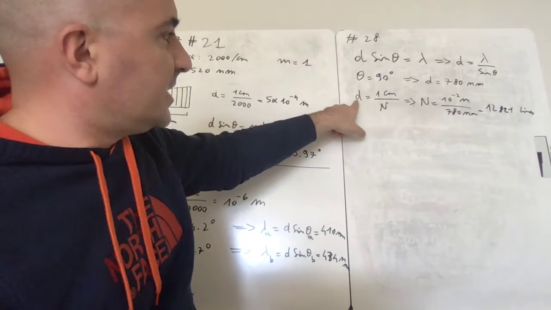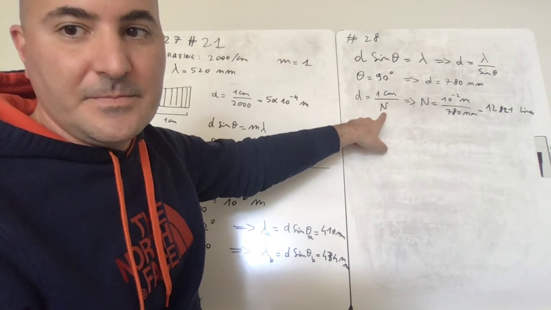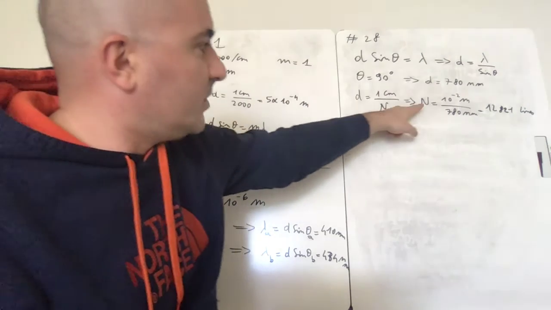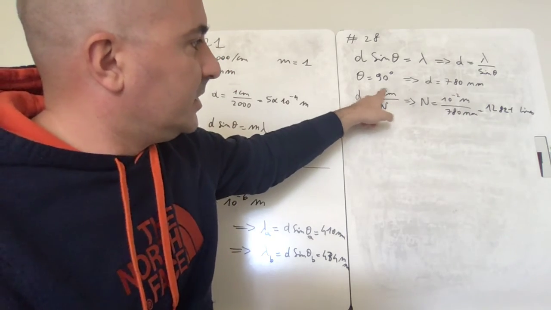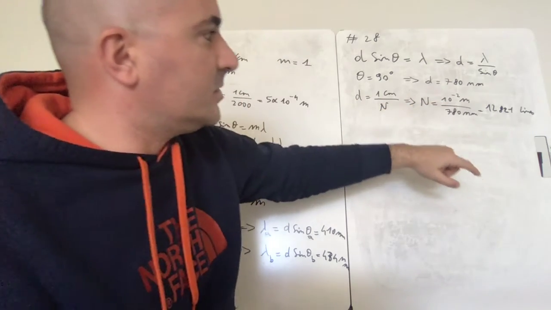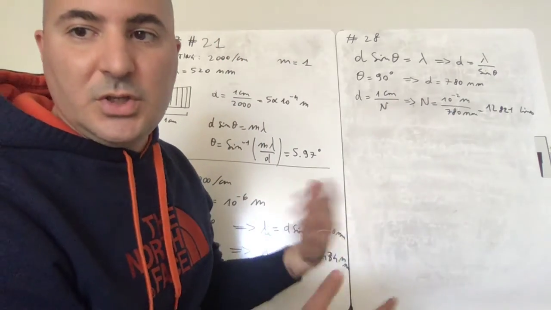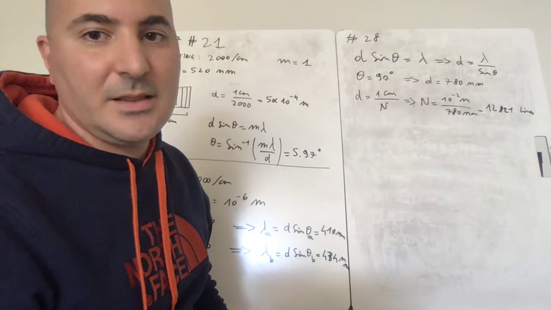Here I have the distance, and I want to find how many slits I have, which I call n. So I just invert the formula. n, the number of slits, is 1 centimeter, which I wrote as 10 to the minus 2 meters, divided by 780 nanometers. Again, you have to play with the units a little bit. The result is 12,821 lines.